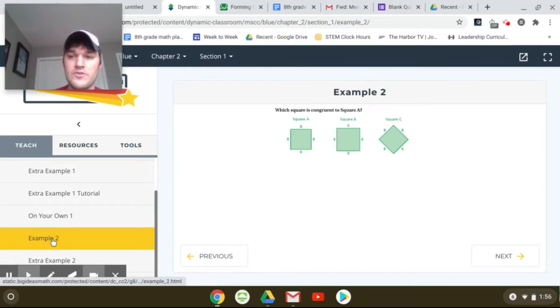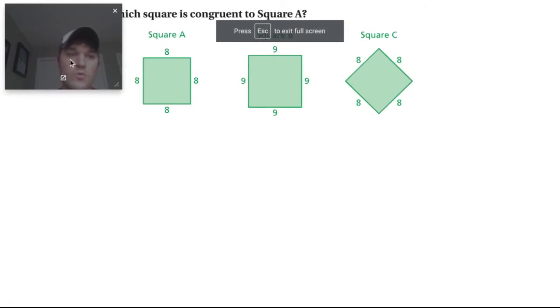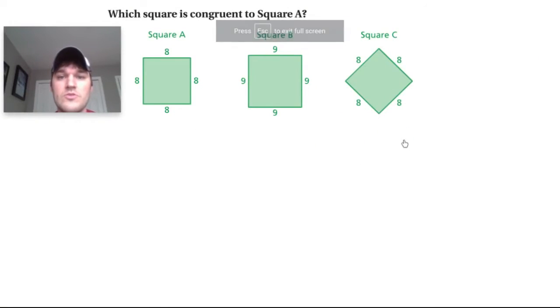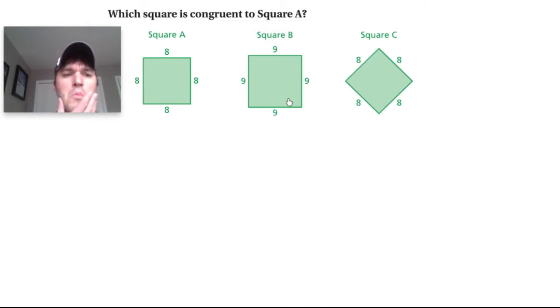Here's another chance for you to test yourself. Which square is congruent to square A? Here's square A. Is it B or is it C? So the question this is really asking is, which square is exactly the same as square A?